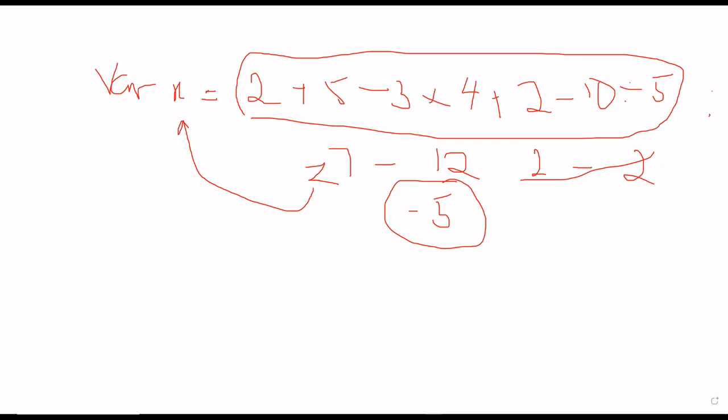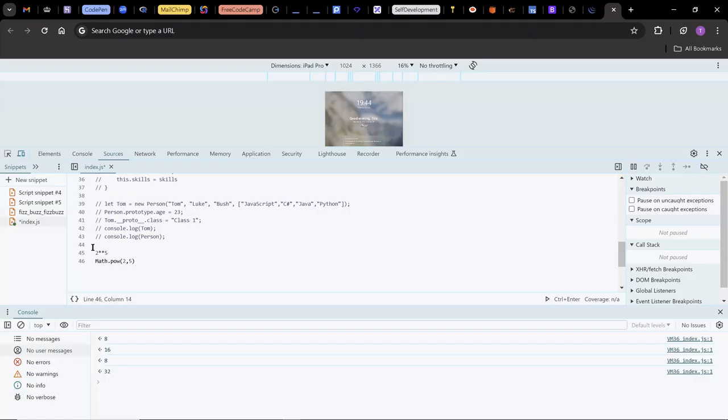If I go back to the browser and do 2 plus 5 minus 3 times 4 plus 2 minus 10, then divide by 5, you can see we have minus 5 there.